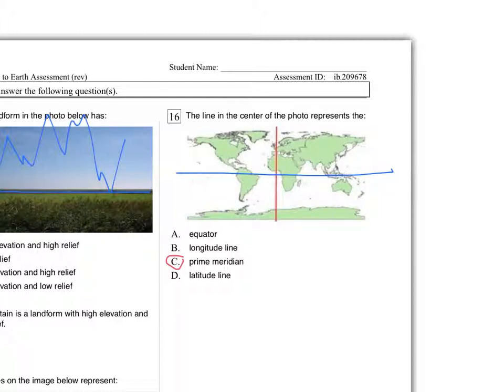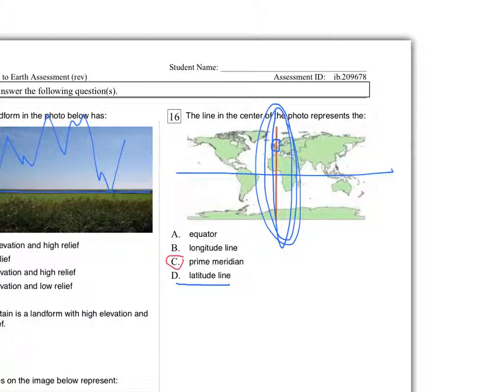The problem with the latitude line is we talked just a ton about how, here's Greenwich, England up here, and the prime meridian is the main one that goes through the very center, so they should have been able to identify that more specifically than a latitude line.